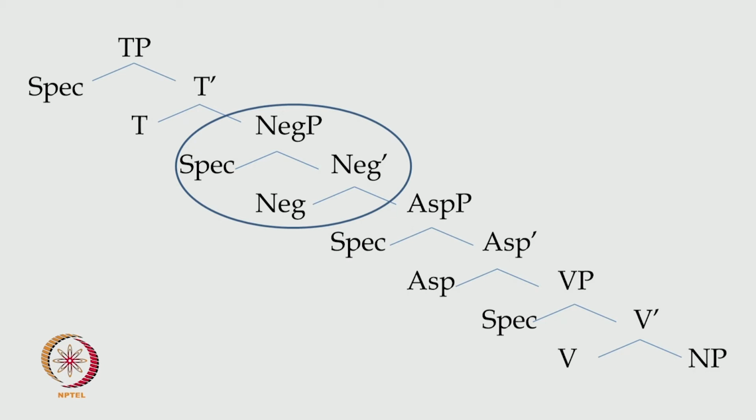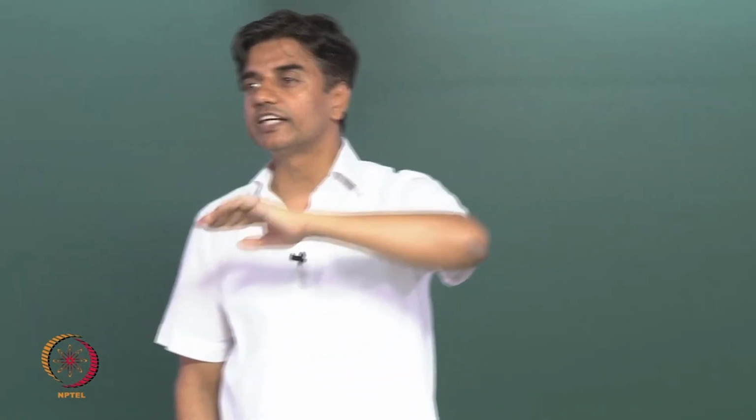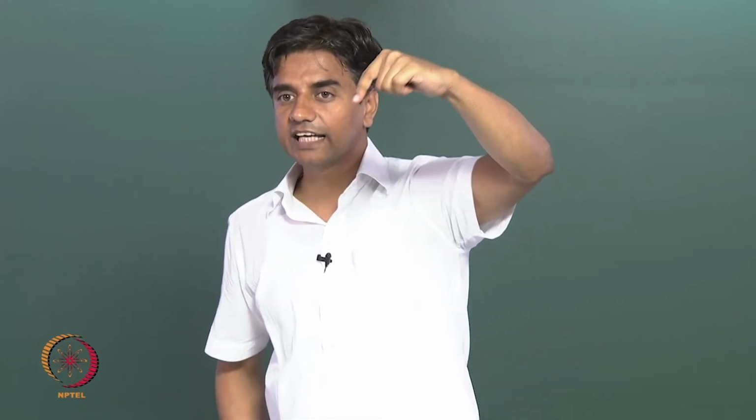The negation, okay, the C-commanding condition for licensing of negative polarity items also becomes a motivating factor for negation being located in the functional domain. Only when negation is high enough in the structure can it C-command the elements downward.